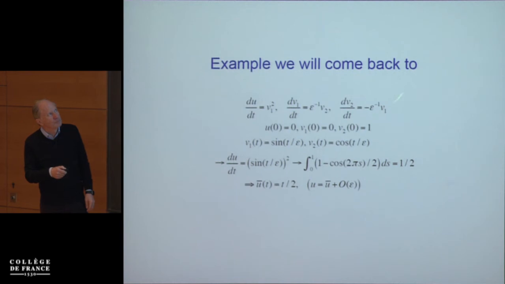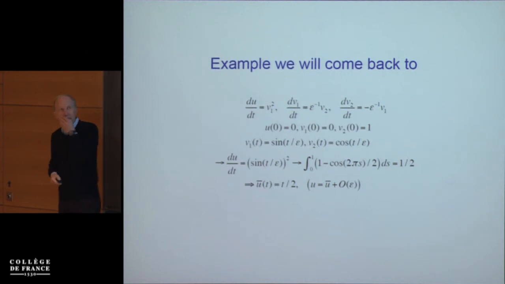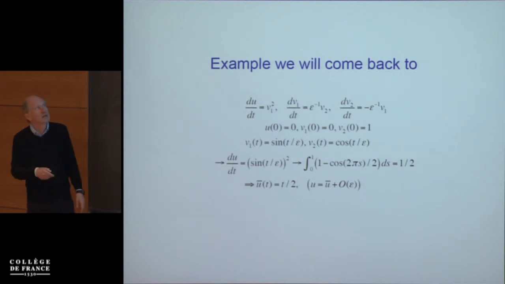So we have here V1, V2, just a harmonic oscillator, a linear problem that produces the sine and cosine solutions. And then if we follow the averaging there, you would get an equation looking like that for the slow variable, which was just the square of one of these variables. It will look like this, oscillatory with epsilon. And here, of course, integrating over time, it's easy to see what it is, and you get the slow solution, trivially in this case. This turns out to be extremely easy to do numerically, but just perturbing it a little bit and a lot of headaches come up.